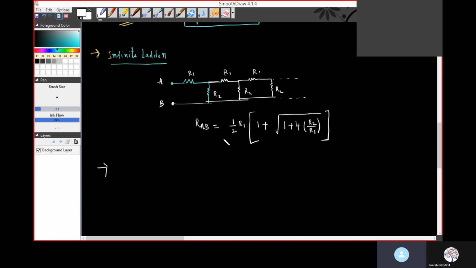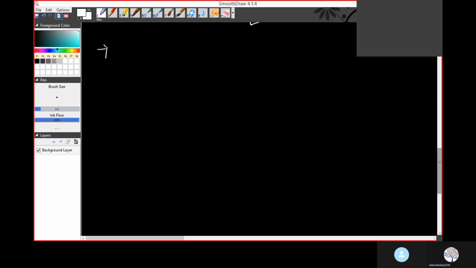Now, the next one is the Wheatstone bridge, the balanced Wheatstone bridge condition.